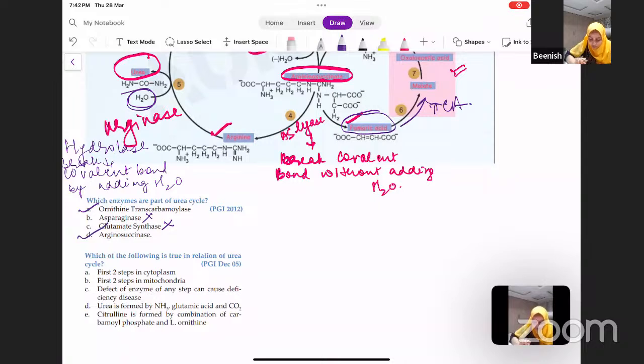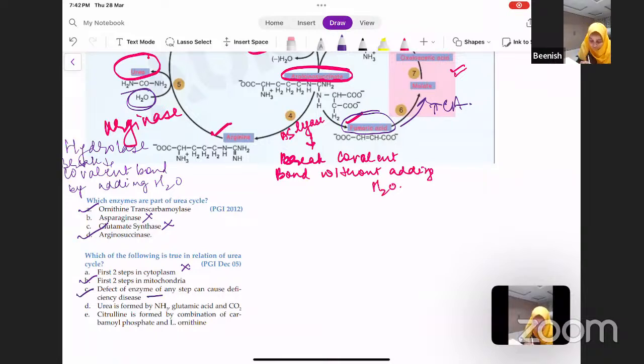Now, which of the following is true in relation to the urea cycle? It says first two steps in cytoplasm. No, this is not right. First two steps in mitochondria. Yes, this is correct. Defect of enzyme of any step can cause deficiency diseases.